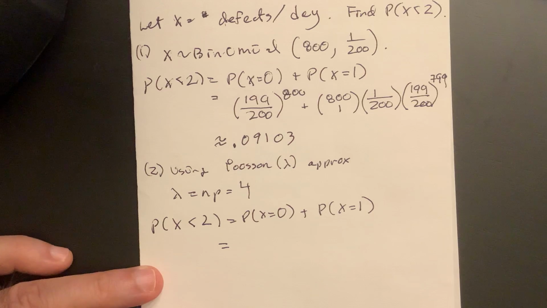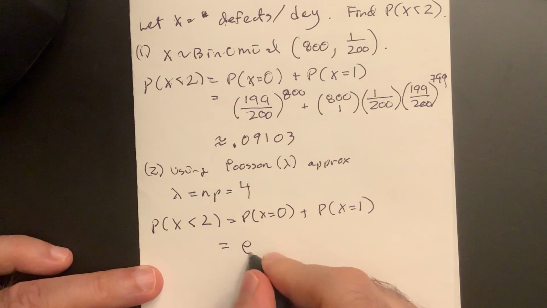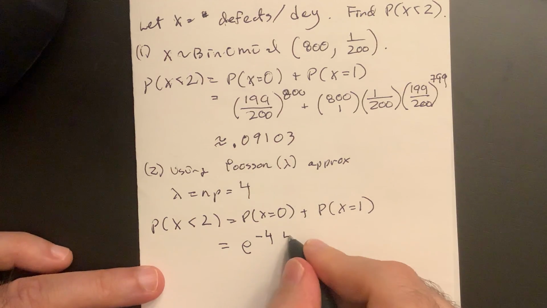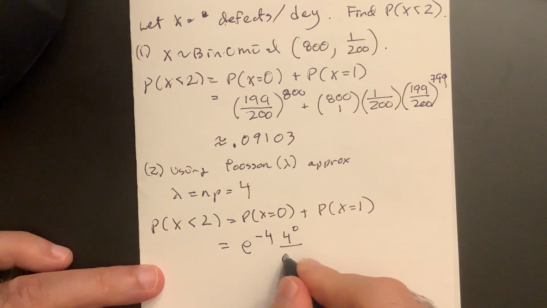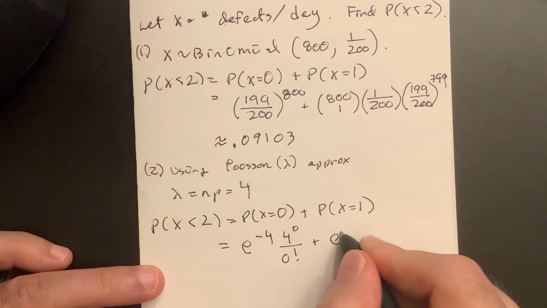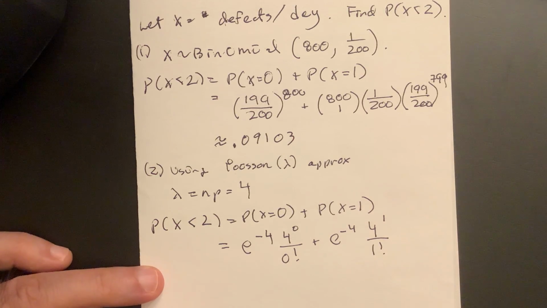So the probability x is 0 is e to the minus lambda times lambda to the 0, so technically 4 to the 0, over 0 factorial. And now the probability x is 1 is e to the minus 4, 4 to the 1 over 1 factorial.